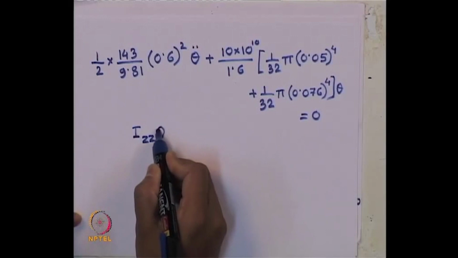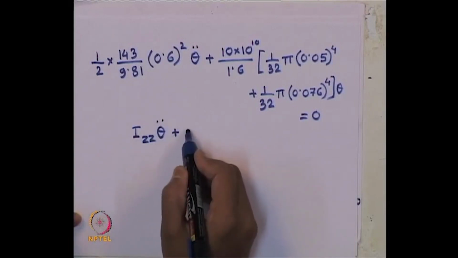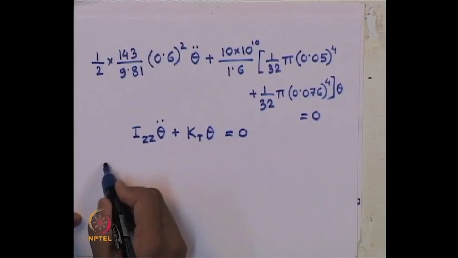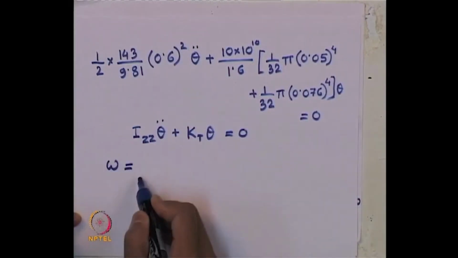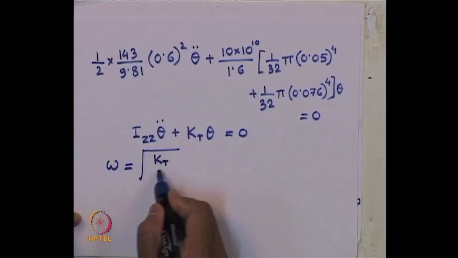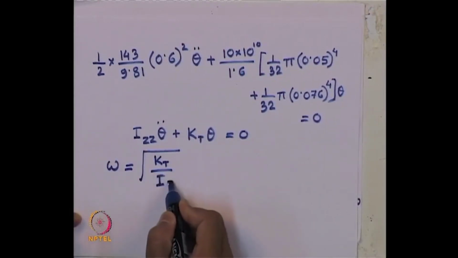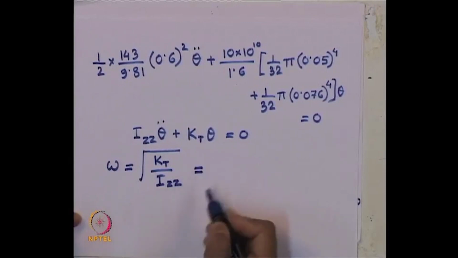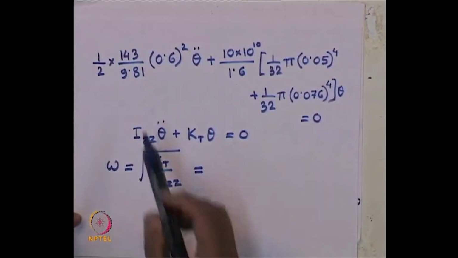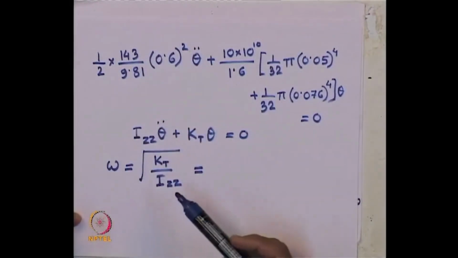This is the equation of motion, which can be written in our known form, the expression I zz theta double dot plus k t theta equals 0. Now, how to compute the natural frequency of the system? That is given by root over k t by I zz. The expressions for k t and I zz are known to us.